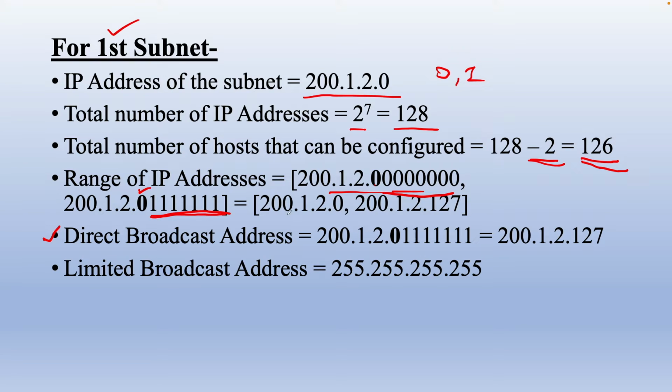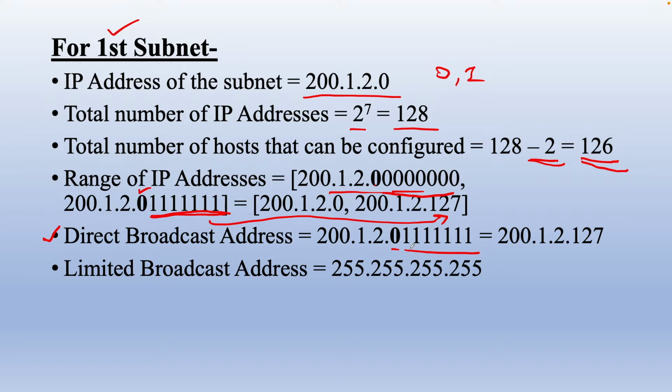If you do the binary to decimal calculation, this comes out as 127. 7 ones are 127, because if you add 64 plus 32 plus 16 plus 8 plus 4 plus 2 plus 1, it comes out as 127. Now the direct broadcast address: 0 was fixed, so all ones remain in the host part.